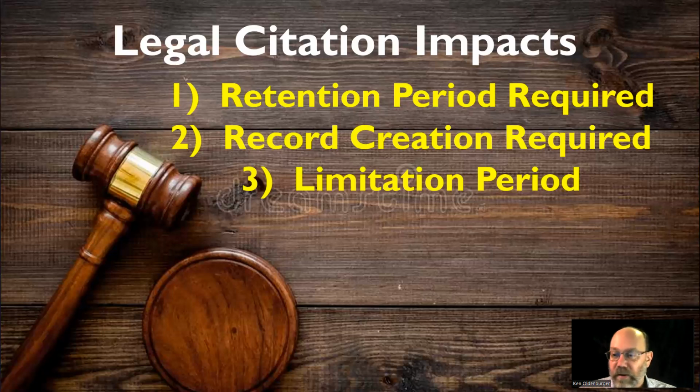So if you're trying to institute a claim, if you're trying to accuse somebody of something, there's a limitation period usually assigned to that. And these limitation periods have an impact on the records that we're maintaining, because we generally need to keep these records as long as that limitation period exists, so that we can defend ourselves with evidence, with records, with all that sort of important stuff.